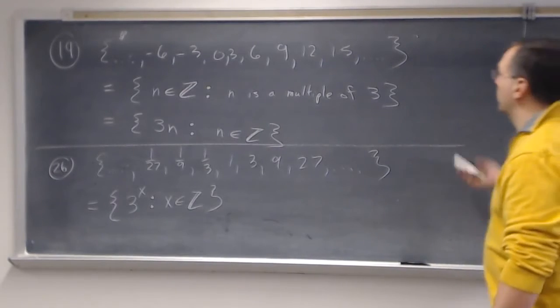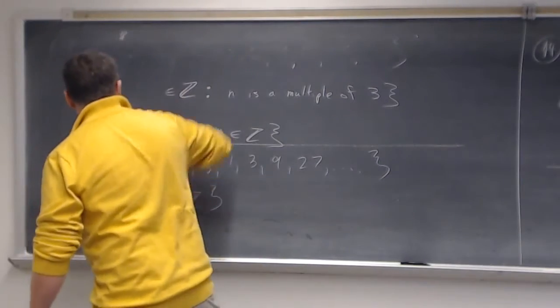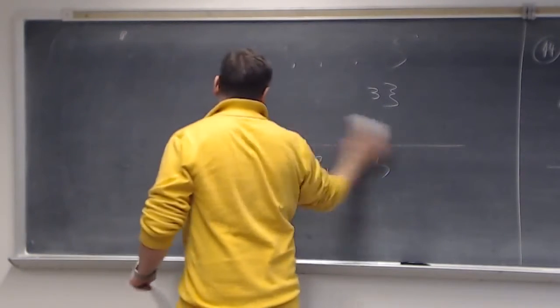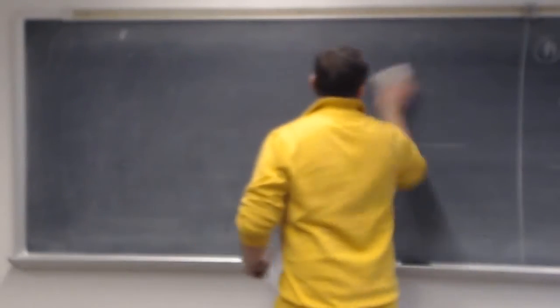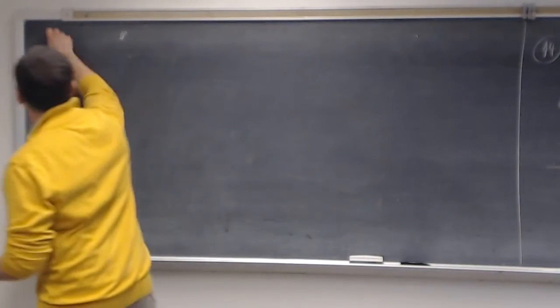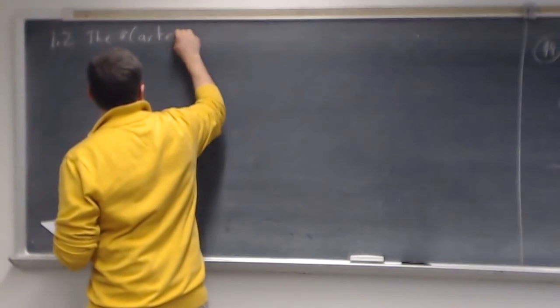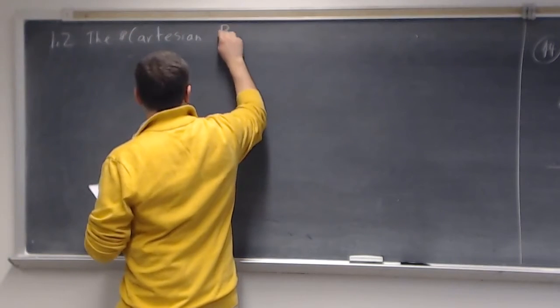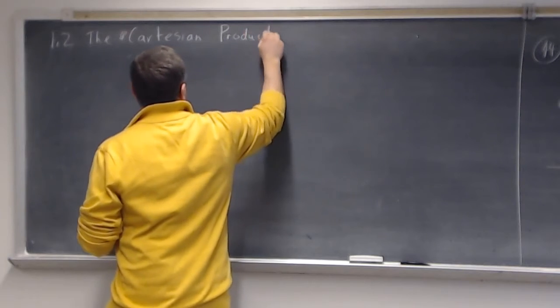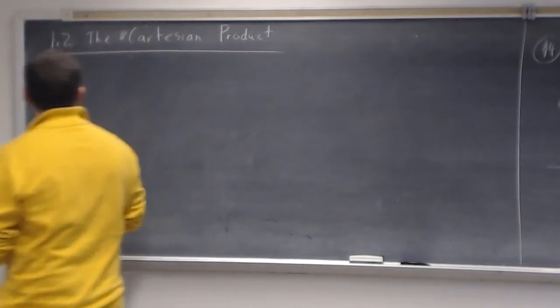This is one way you could define a multiplication of sets. Okay. So this is section 1.2, the Cartesian product. All right.